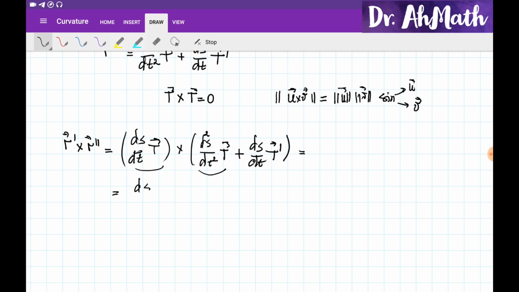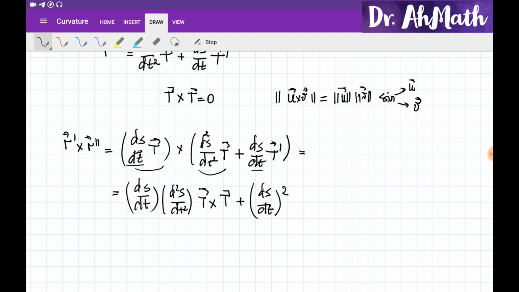It's going to be ds/dt multiplied by d squared s over dt squared multiplied by T cross product T, right? Plus (ds/dt) squared, because when you multiply this by this, they are the same, multiplied by the T vector as a cross product with the T prime vector, right?